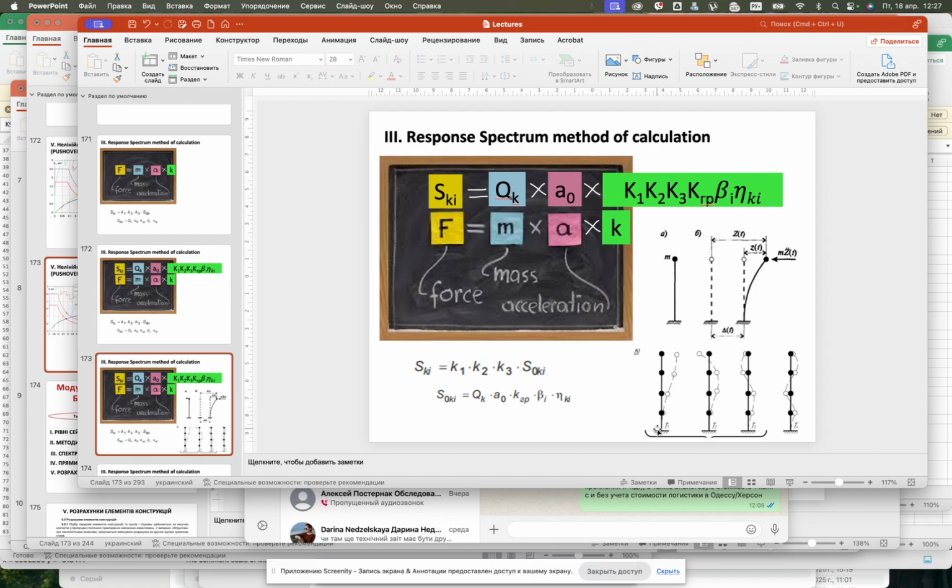For this case, we have 4 forms of vibration, and for each form we have the vibration of 4 masses: 1, 2, 3, 4. So index i means first form, second form, third form, and fourth form. Index K means first mass, second mass, third mass, and fourth mass.